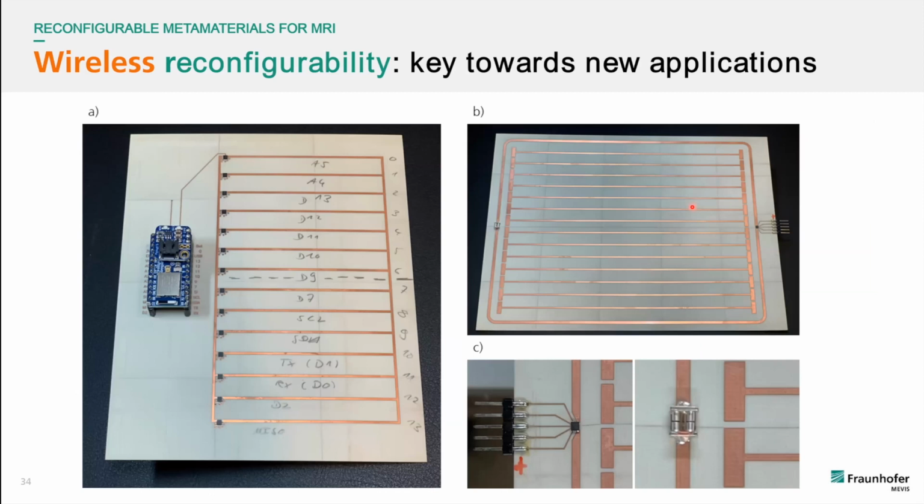We even extended this, having the microcontroller control not only one digital capacitor, but 14 different capacitors, so that we can control the resonance frequencies of individual stripes here individually.